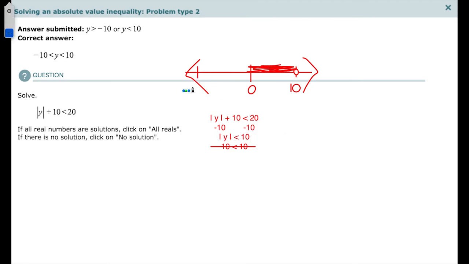So over here, there's a negative 10, and since y could be greater than negative 10, it's also anything that's in this region over here. It goes all the way to negative 10, but not quite including it, right? So make sure there's a little point right here. This point right here at negative 10.